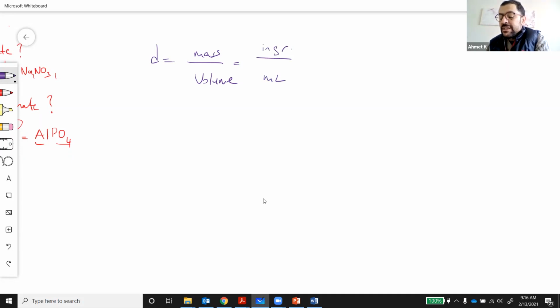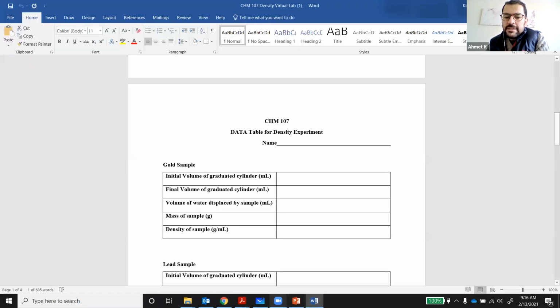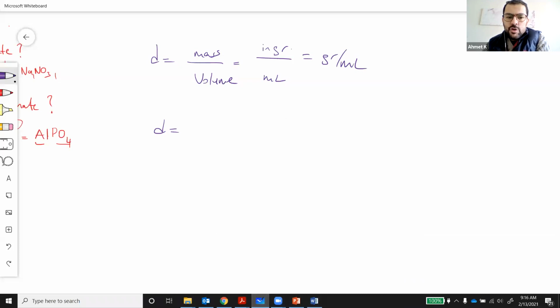You can also write it in cubic centimeters; it doesn't really matter, but gram per milliliter is the most common unit. So you need to find the mass and you need to find the volume. For the gold, what's the mass? 40.53 grams.